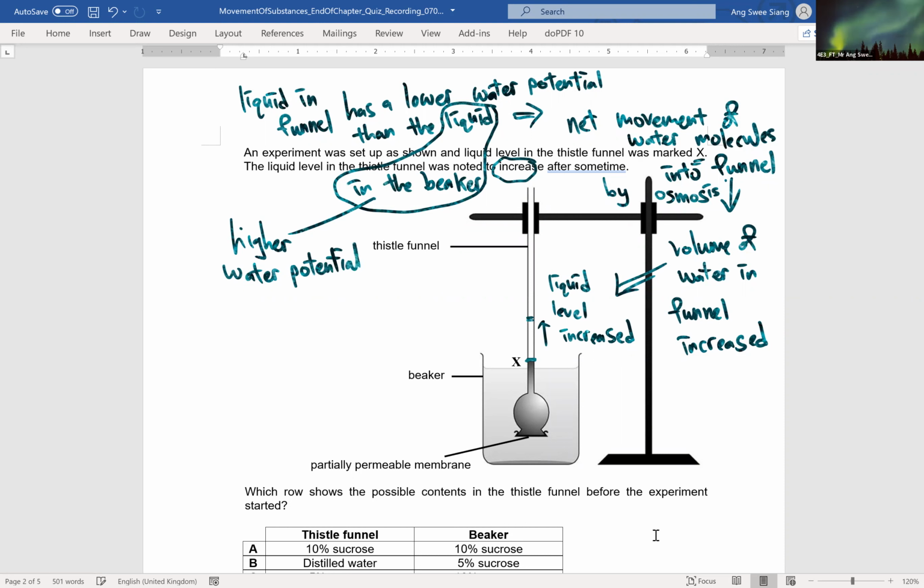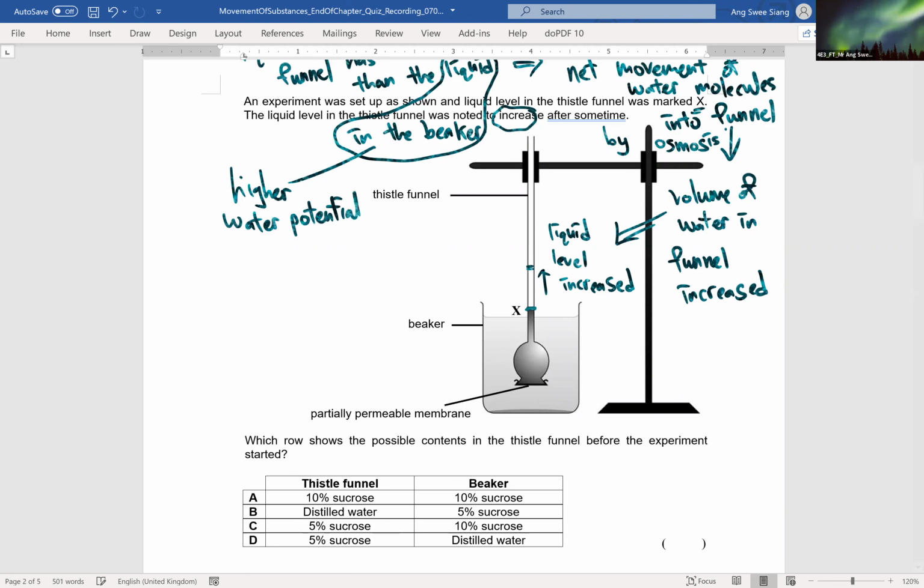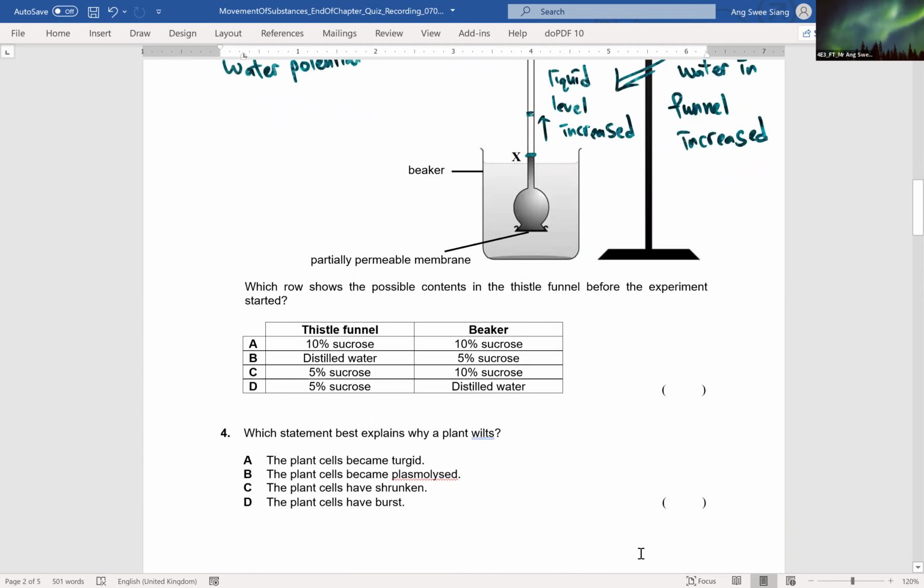Which row shows the possible contents in the funnel before the experiment started? So you need to choose the pair whereby the beaker is higher water potential and the funnel is lower water potential.